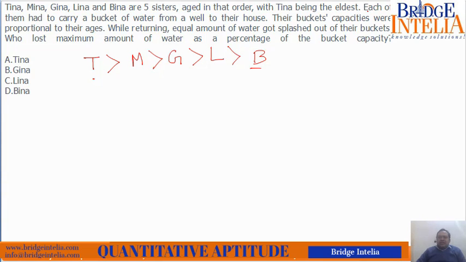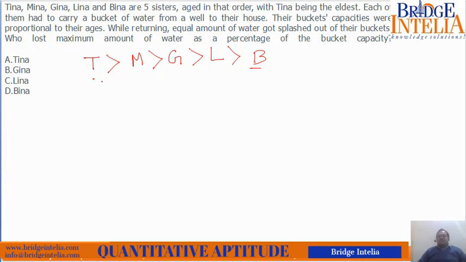Now what next? Each of them had to carry a bucket of water from a well to their house. Fine. So each of these sisters is carrying a bucket of water. Their buckets' capacities were proportional to their ages. So what is meant by this statement? That their bucket capacities were proportional to their ages.